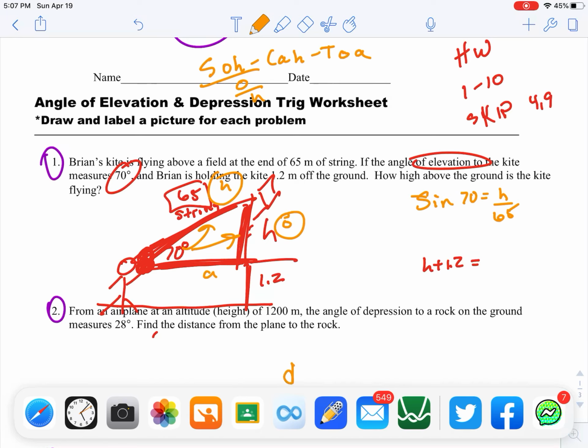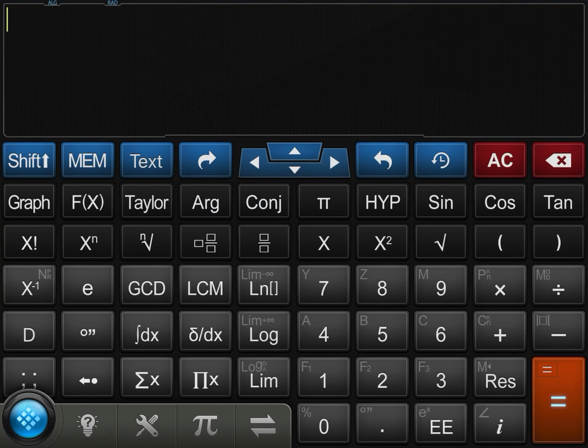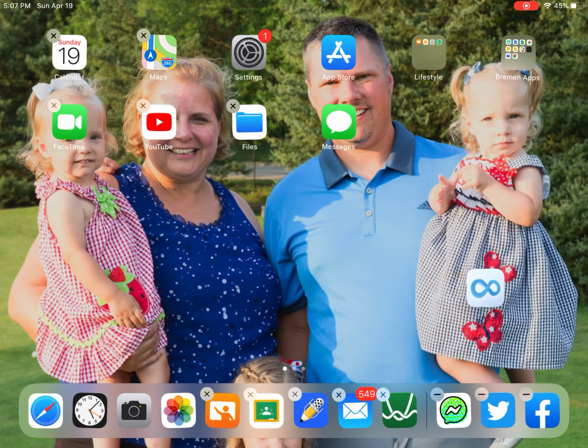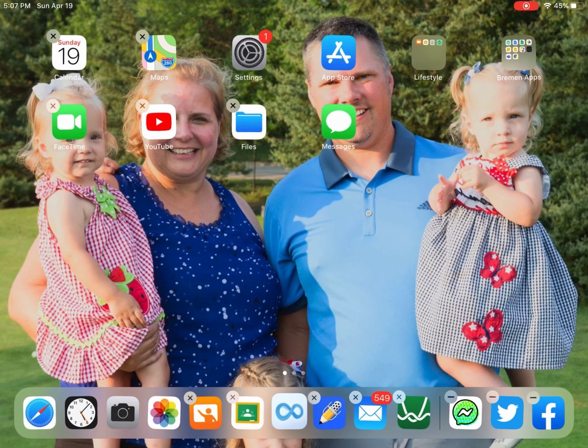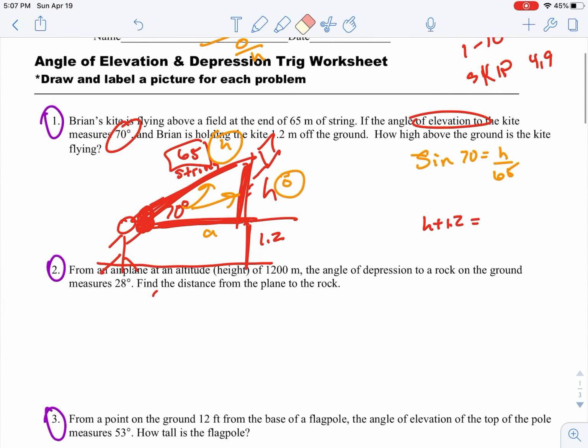Now, guys, this symbol right here, that infinity symbol, that's the calculator I bought. The symbol that you would download is different. The calculator is the same, but I bought the not free version.